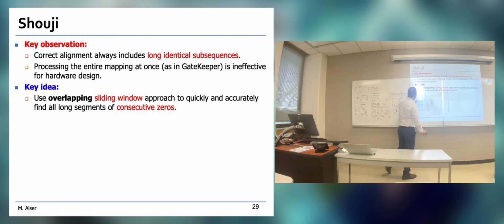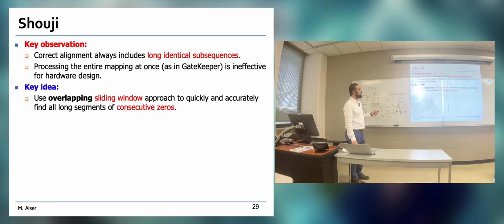Now, what we want to do, or the key idea of the algorithm, is to use an overlapping sliding window over that data structure in order to detect the long segments of consecutive zeros. Instead of having this entire data structure from Magnet, where you have all those masks, right?